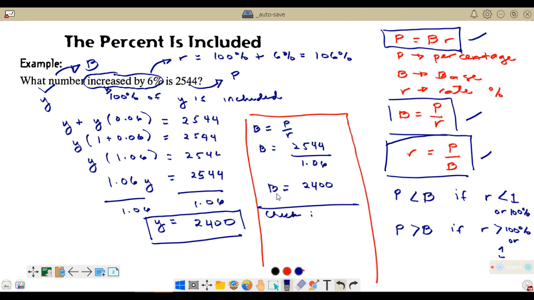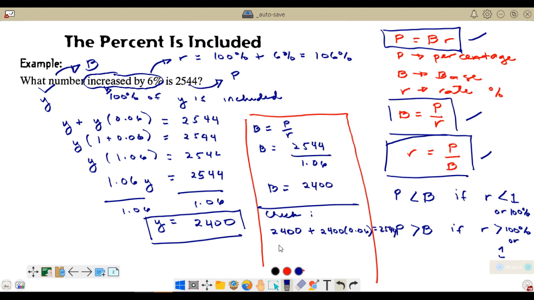Now, how are we going to check whether this is true? So, ang original na value natin ay 2,400. Nag-increase daw siya by 6%. So, plus 6% of 2,400. So, what is 6% of 2,400? Is equal to 2,544.